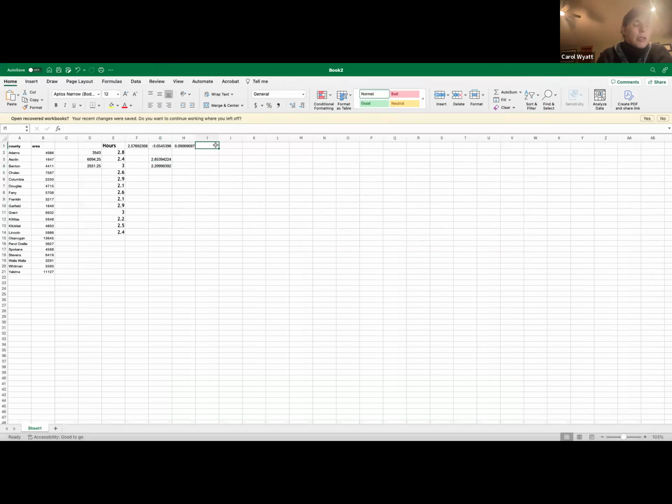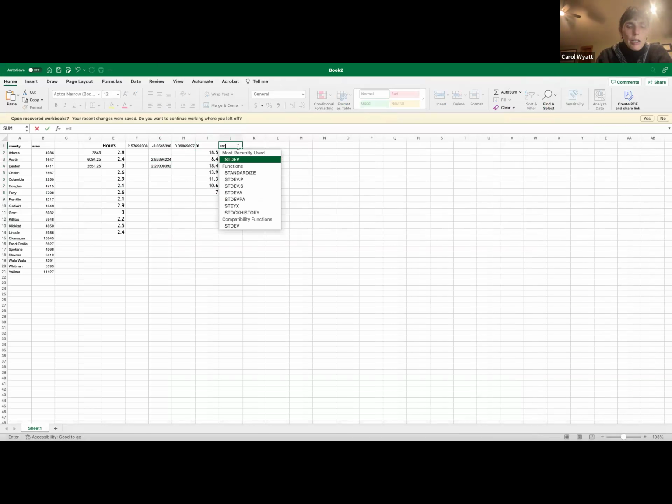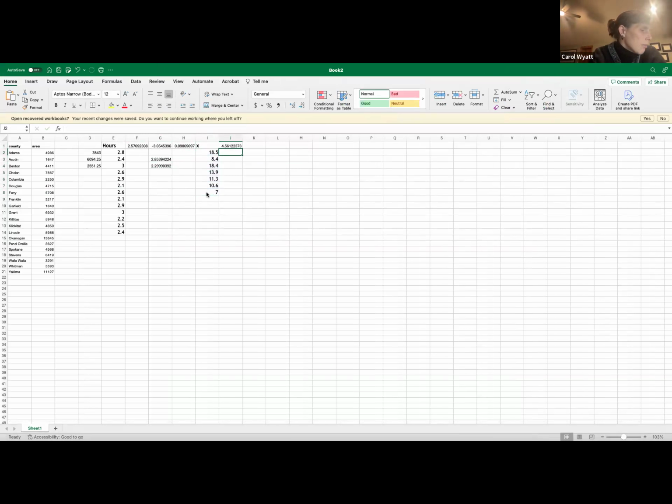I can paste my numbers here and I can just go equals STDEV.S, S is for sample. And I'm going to highlight this and close parentheses, and that's going to be my 4.56. So those are the two ways that I could do that using technology.